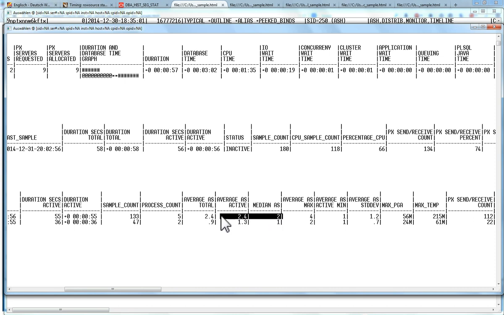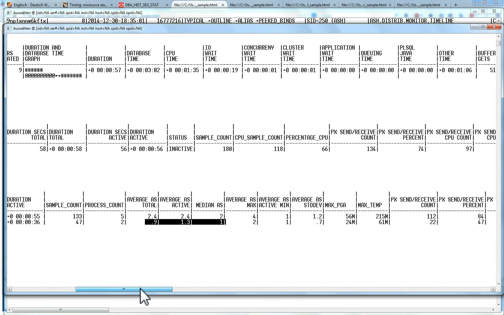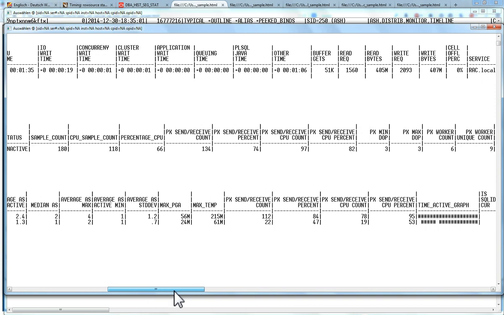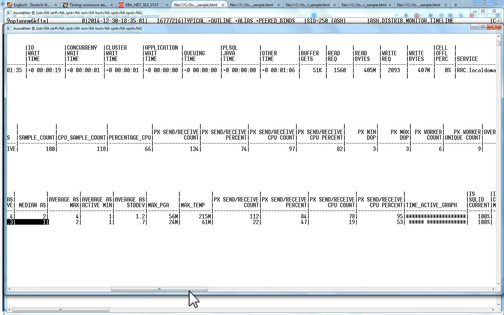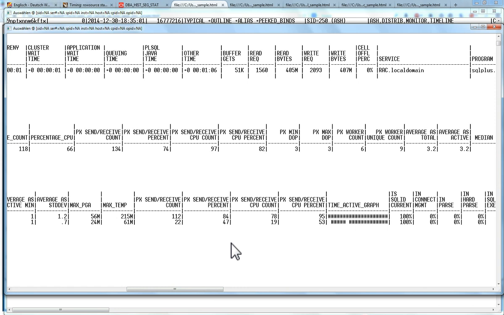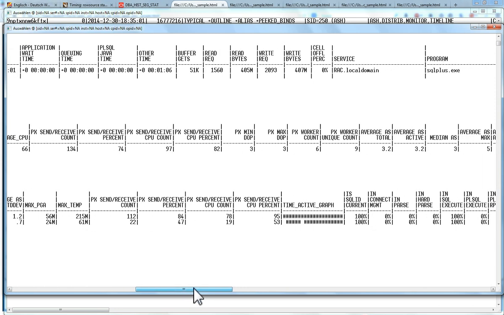As we can see here, on average more than two sessions were active on one instance, and on average only one session was active on the other instance. Well, that's more or less the same that I've already described from the upper part.